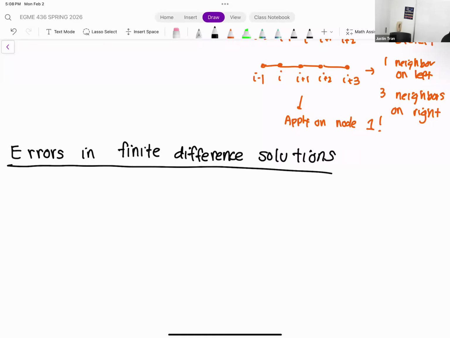And the differential equations that we solved with finite differences are also just going to have approximate solutions.